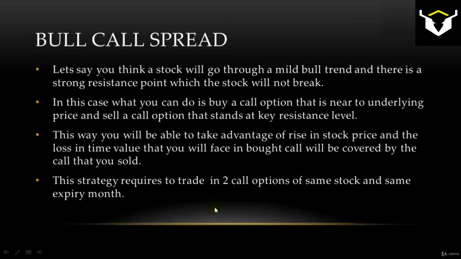So the call option that is nearer to the underlying price will increase in its value more than the call option that is farther from the underlying price. That is the first advantage. The second advantage is the call option you bought will definitely have theta, and since you are the buyer, the theta will act negatively against you.